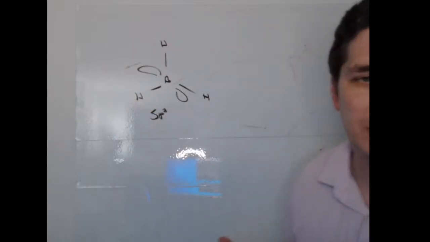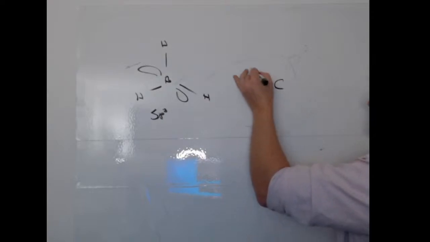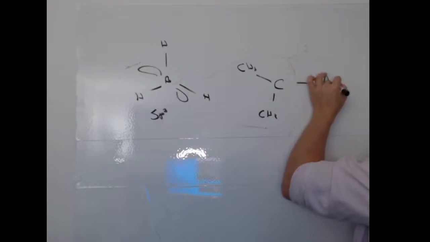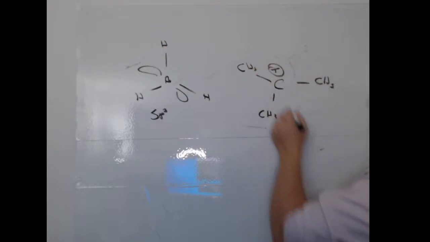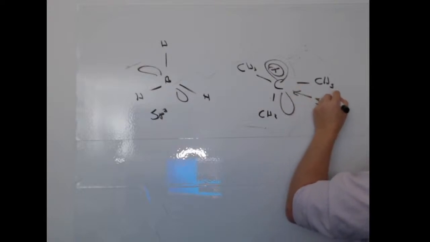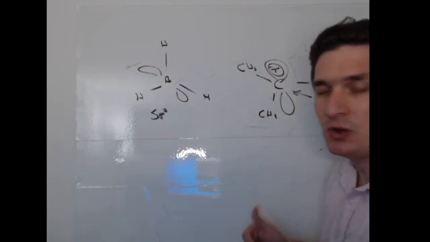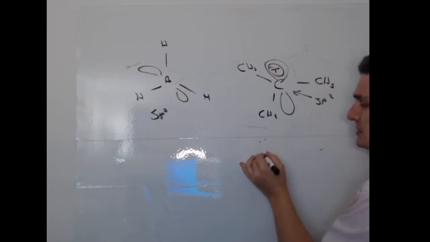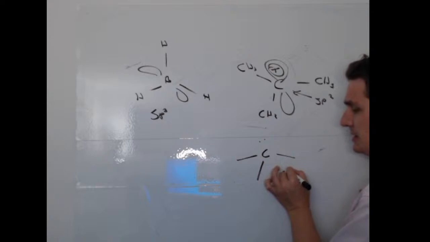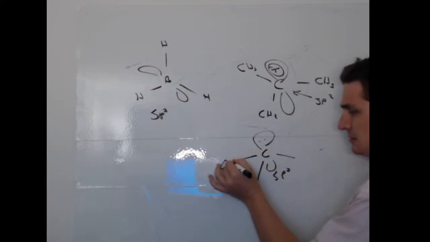This is why boron is a very good Lewis acid. Carbocations are also an example of this. If we have C, CH3, CH3, CH3, the carbocation here has a vacant p orbital, and the hybridization here is sp2. If we had lone pairs on it, then this would give us sp3 hybridized carbons.